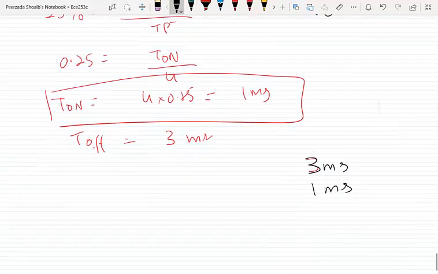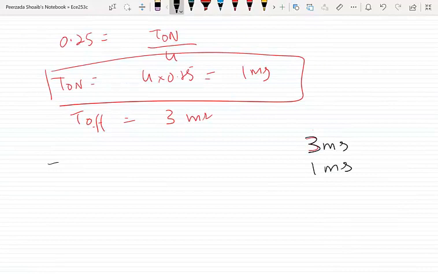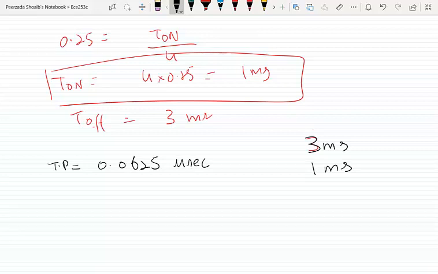Crystal frequency is 16 megahertz, so the time period of my crystal with no prescaler will be 0.0625 microseconds. That's fine. That's when I use no prescaler. If this is the time period, what's the maximum time delay I will get? 256 into 0.0625.